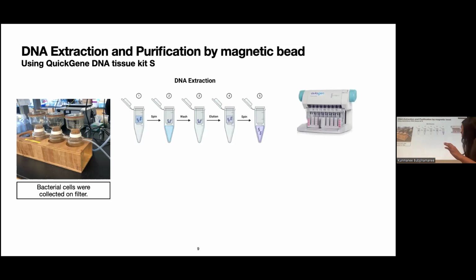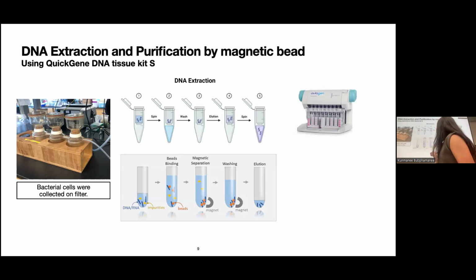The process is, we lyse the cells, break them apart, and add an enzyme to get rid of the RNA. Then whatever is DNA gets stuck on the filter, and we have to press and wash multiple times to remove the seawater and the impurities. Then we clean up the DNA on the filter by putting it in a solution again.